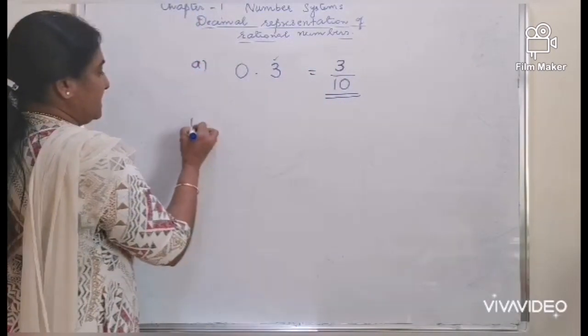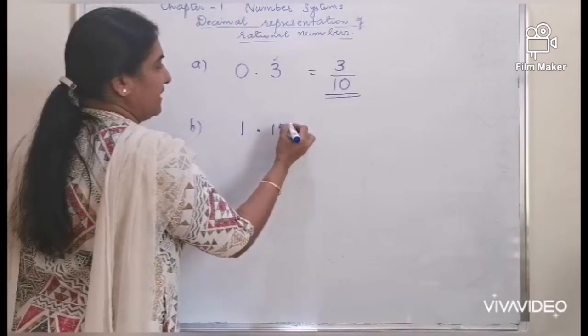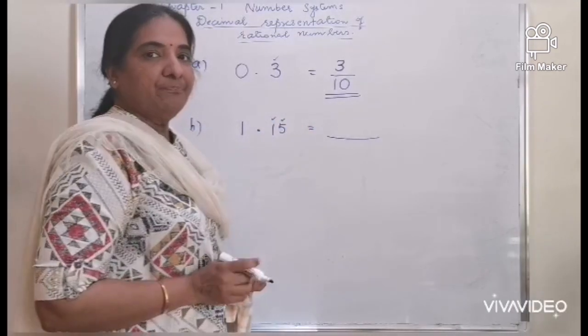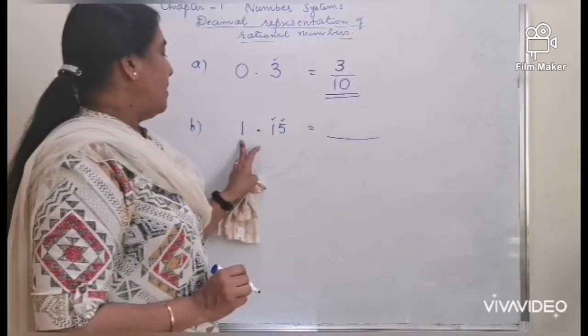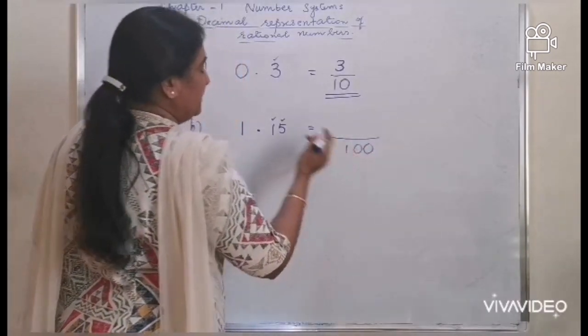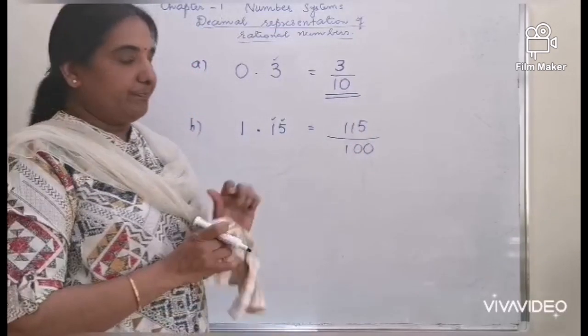The second example is 1.15. Here after the decimal place you can see there are two places. You will write the numerator fully as 115.